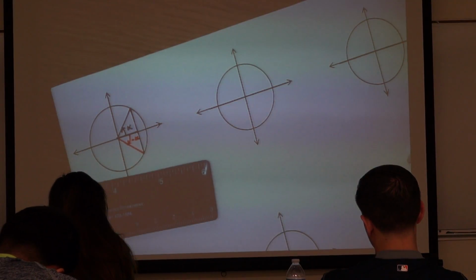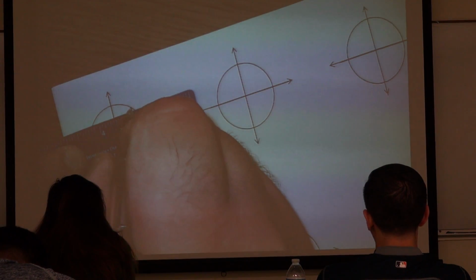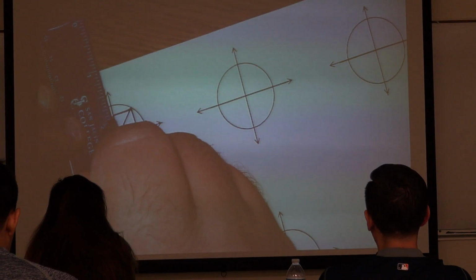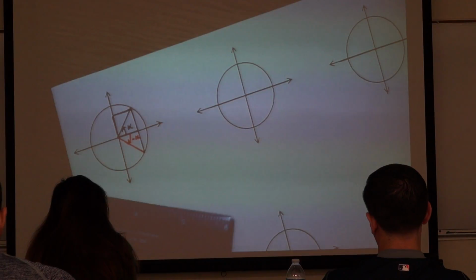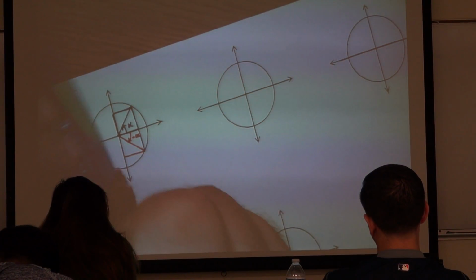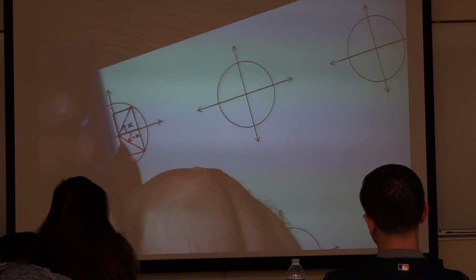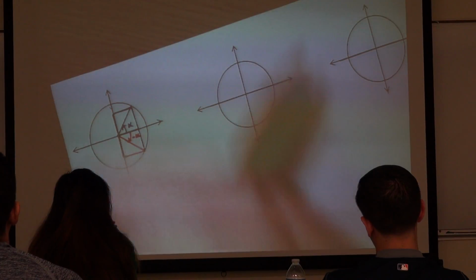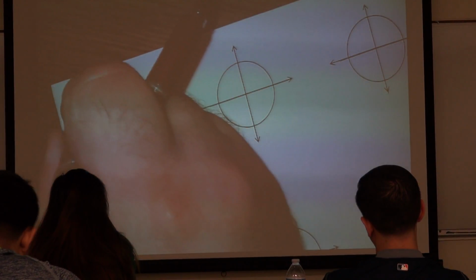Look at sine. The sine of alpha is here. That's the sine, right? And the sine of negative alpha is here, right? So you see that the sine is opposite. From here to here is sine alpha.